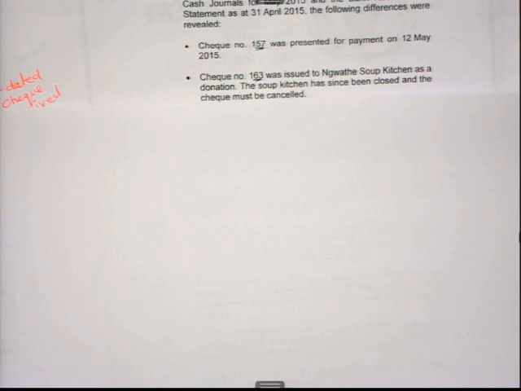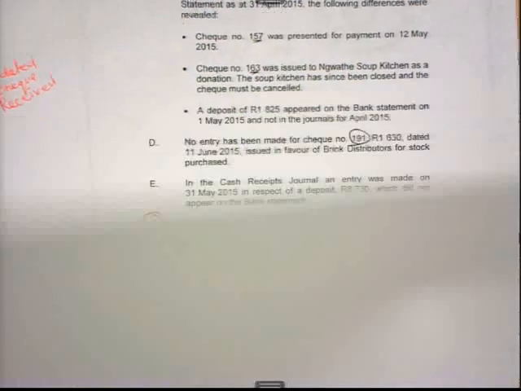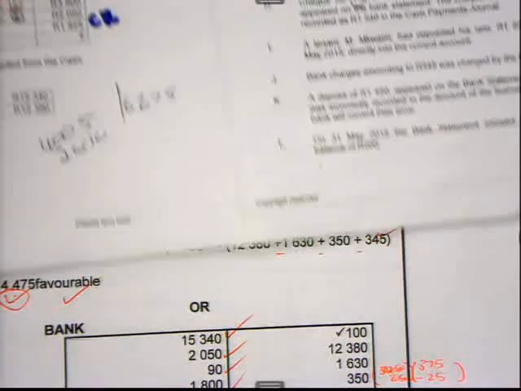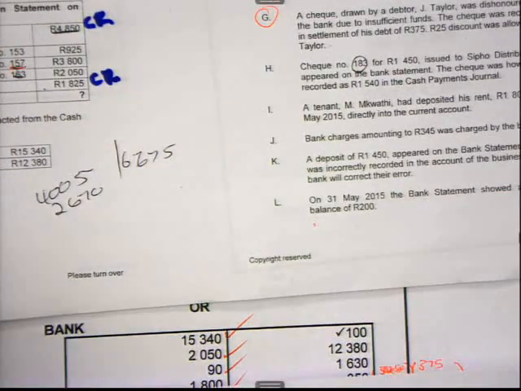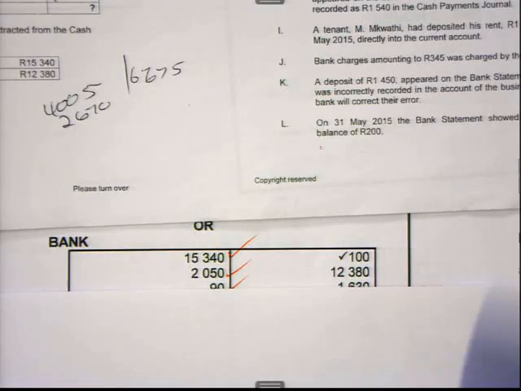Right? So if we cancel a check that we have issued before and the check was not yet withdrawn, this will be the action. I will have to take it to my bank account on the debit side. Remember, the debit side of our bank represents the CRJ.